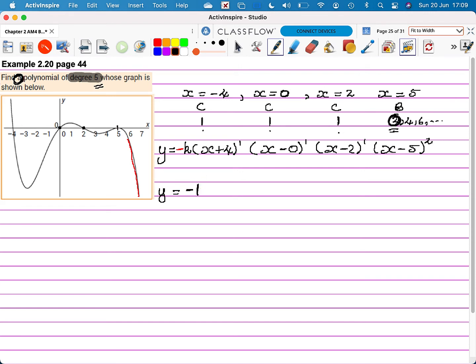So it's minus 1 on x plus 4 on x, minus 2 on x minus 5, all to be squared. And that's the end of that problem.